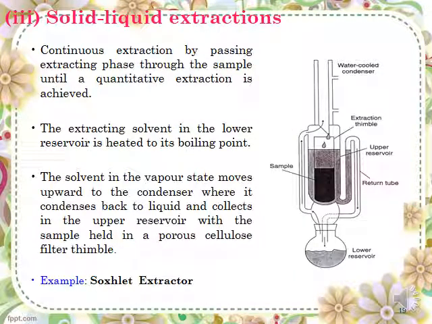So the next type of extraction is solid liquid. Based on the name, the sample is in solid form. The solid sample is placed inside a porous cellulose filter thimble here, which is open at one end. In the lower reservoir, solvent is placed and then vaporized at its boiling temperature.